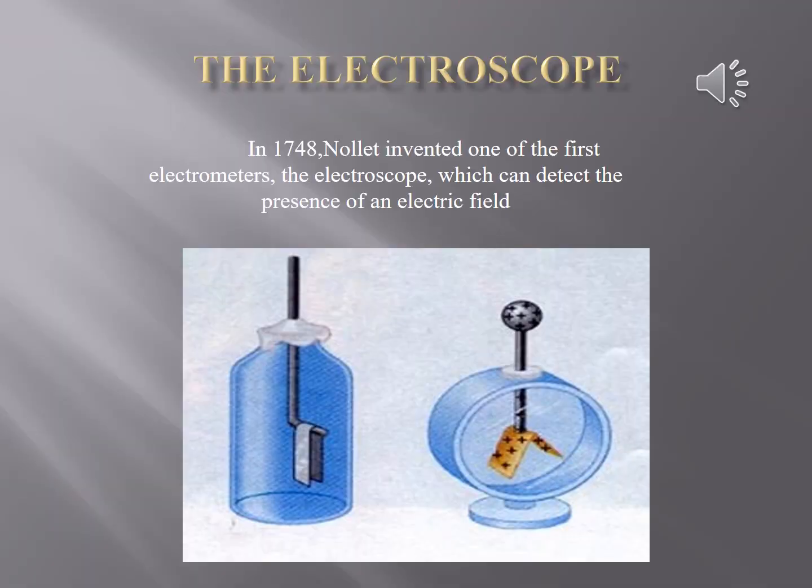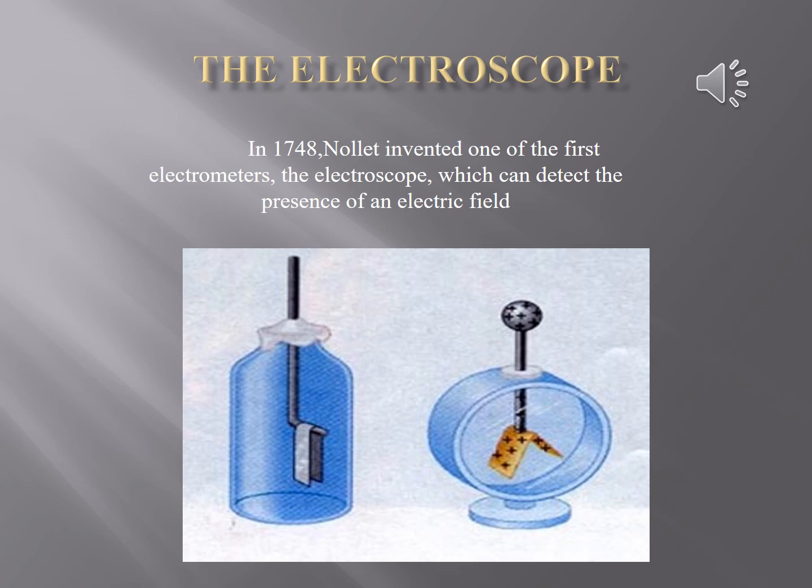This is an electroscope. The electroscope is an early scientific instrument used to detect the presence of electric charge on a body. It detects charge by the movement of a test object due to the Coulomb electrostatic force on it. The amount of charge on an object is proportional to its voltage.